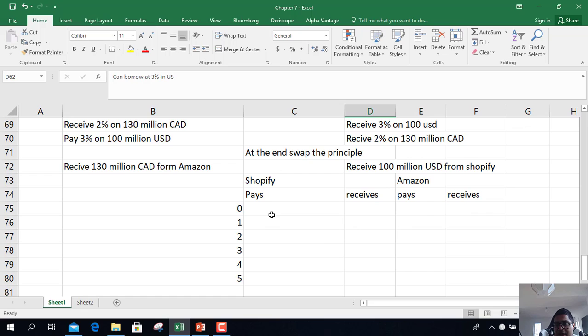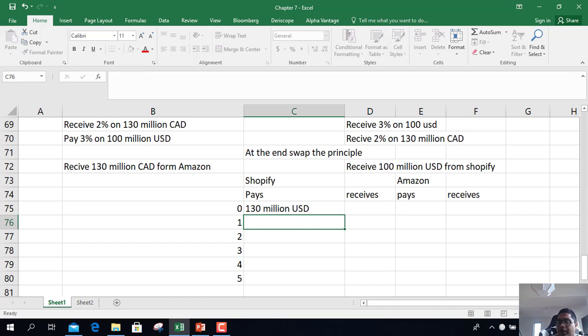Shopify, initially, at time 0, pays 130 million Canadian into the swap to Amazon and receives 100 million USD from the swap.